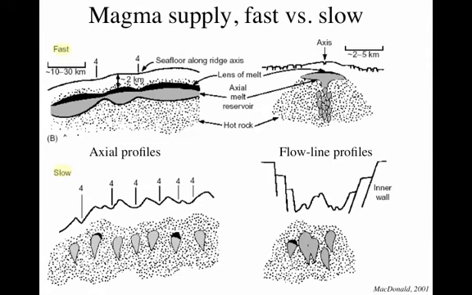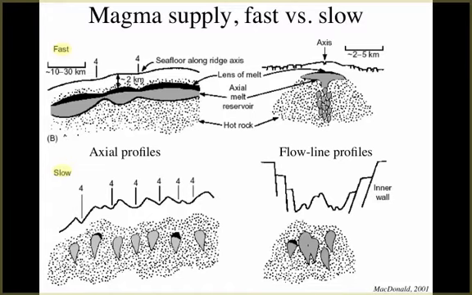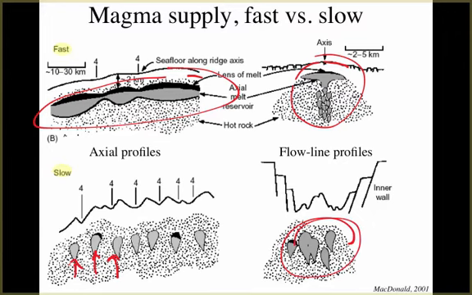In a fast system, the magma supply is continuous, and there are few areas where it's segmented, versus a slow spreading ridge where there are spacings between magmatic centers and the supply is generally poor.